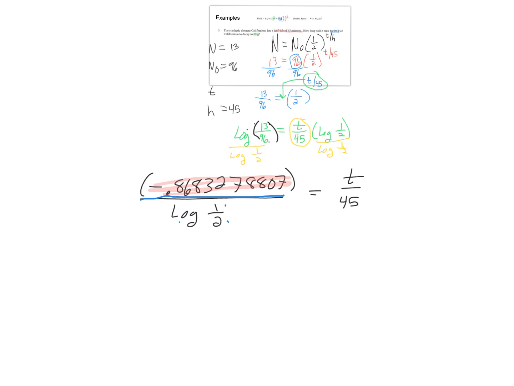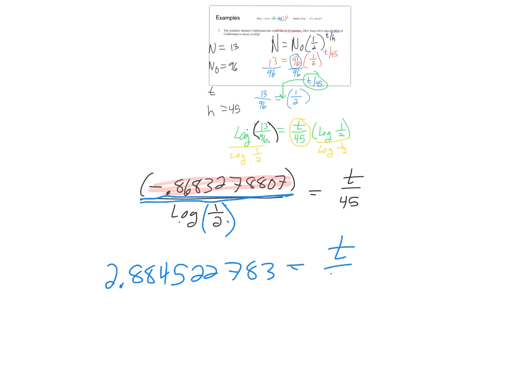For those of you with an advanced scientific or graphing calculator, you can just type log or hit divided by, and then do log of 1 divided by 2 in a parenthesis, and you should be okay. So here we go. I'm going to hit divided by log of 1 divided by 2, and I get this. 2.884522783 is equal to t over 45. Like I said, if you're not getting that, but you got this answer before, but you didn't get this, you need to go back in your calculator.